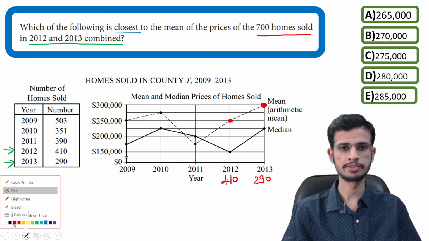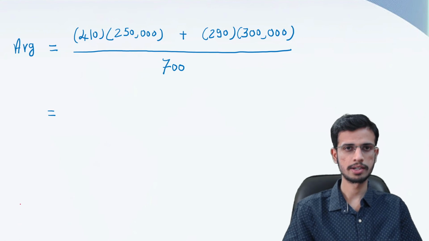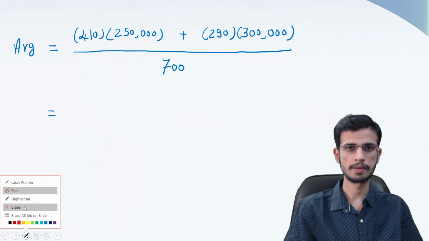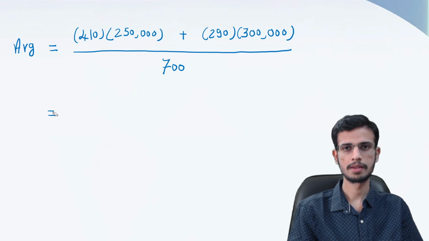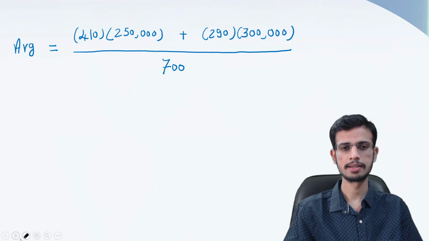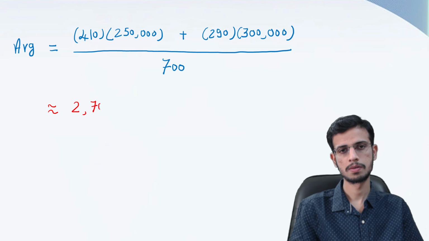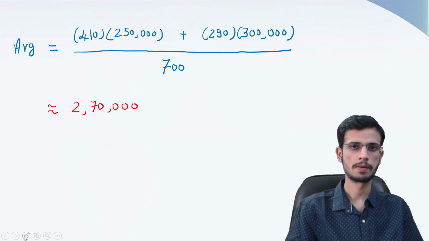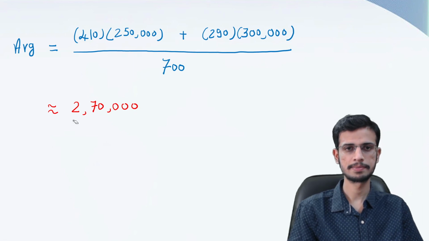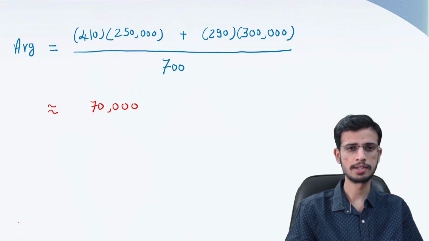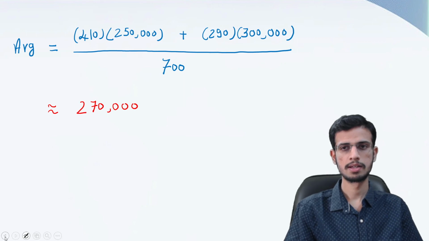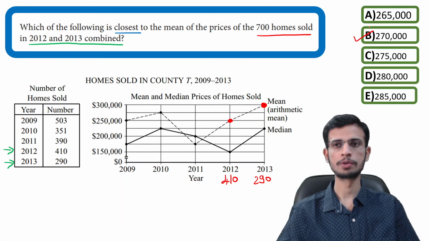We'll get this value, then B approximately. Option B is the correct answer for this.